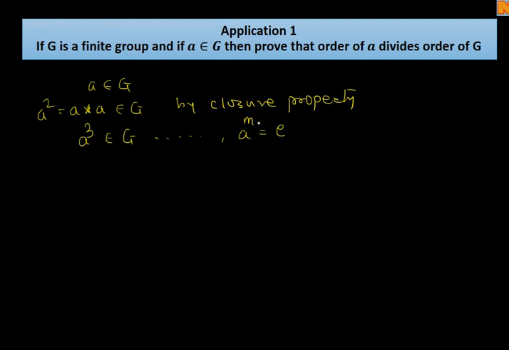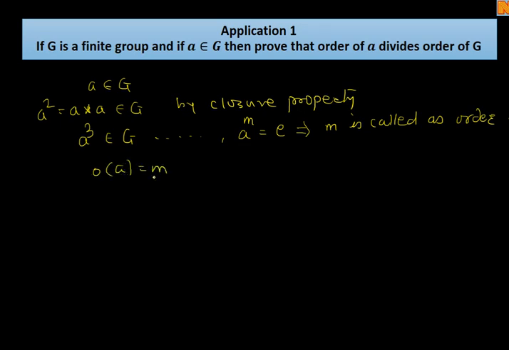Then this m is the least integer such that A raised to m gives E. That's why that least integer m is called the order of that element A, and it is denoted by a small circle of A, equal to m.